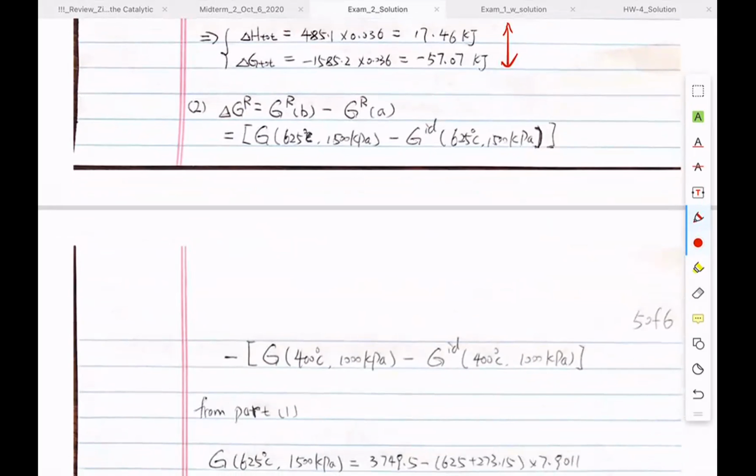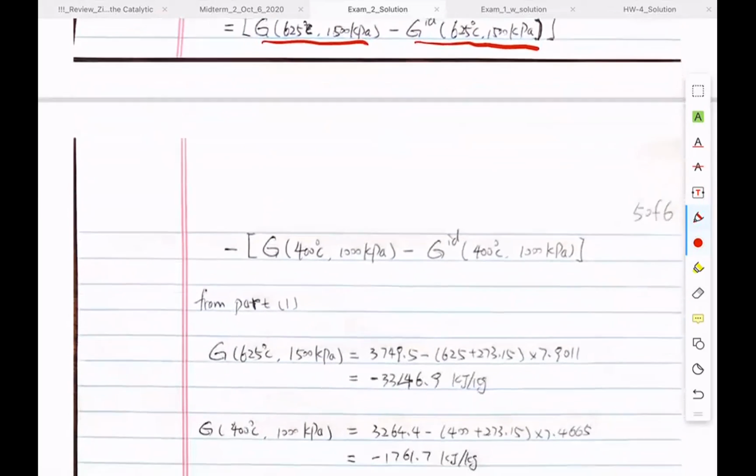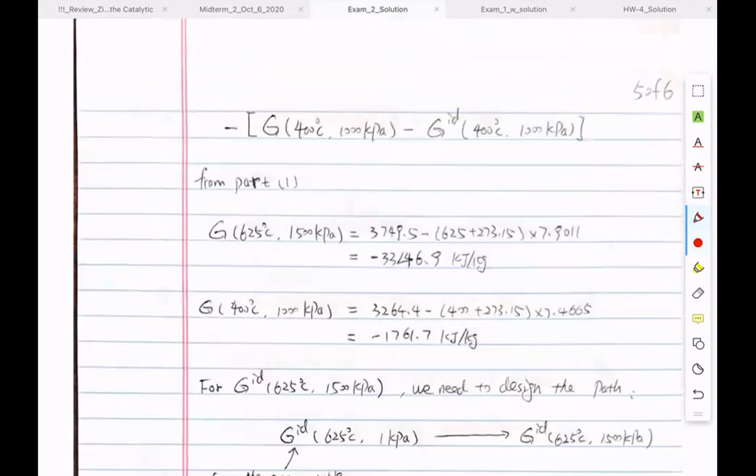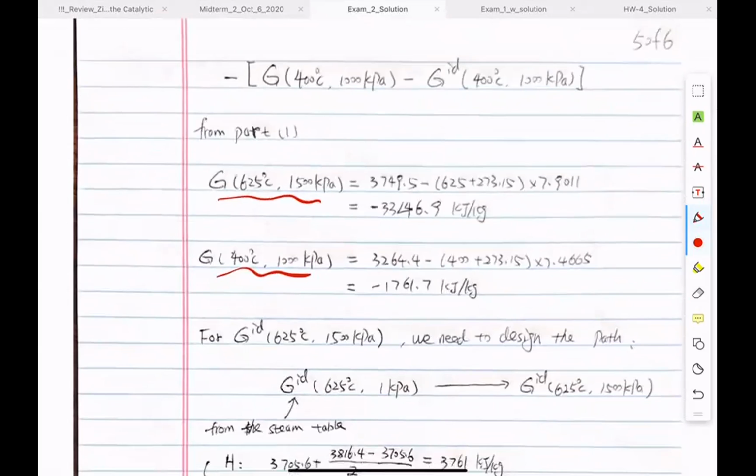For the second one, first of all we understand this is the delta G of residual property, and we look at the individual residual property for state B or state A. Those would be the properties we just calculated from the first part.